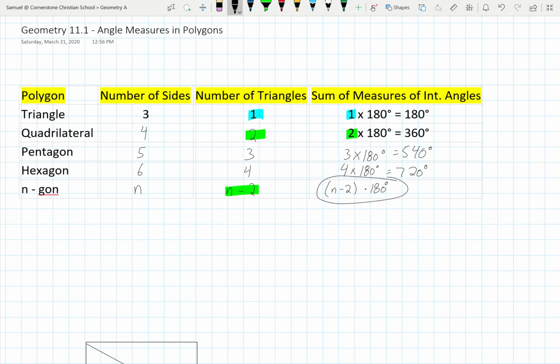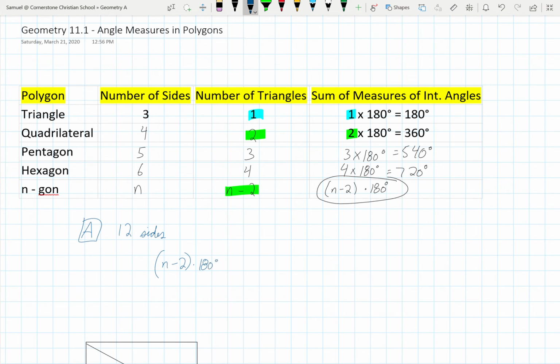So let's say we're asked in an example, what is the sum of the measure of interior angles of a shape that has 12 sides? What we'll want to do is take n minus 2 times 180.